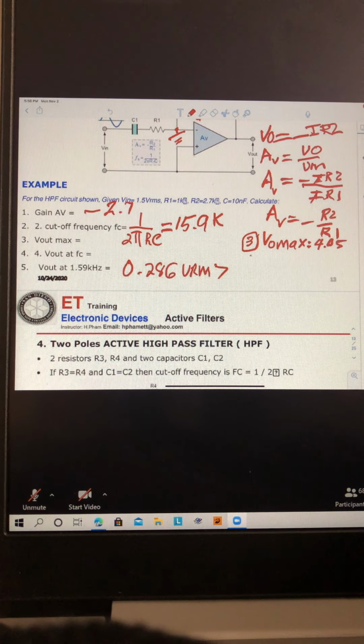Number 4, that means at the cutoff frequency, it will be 2.86. And number 5 will be now times 0.1. That means 0.286.